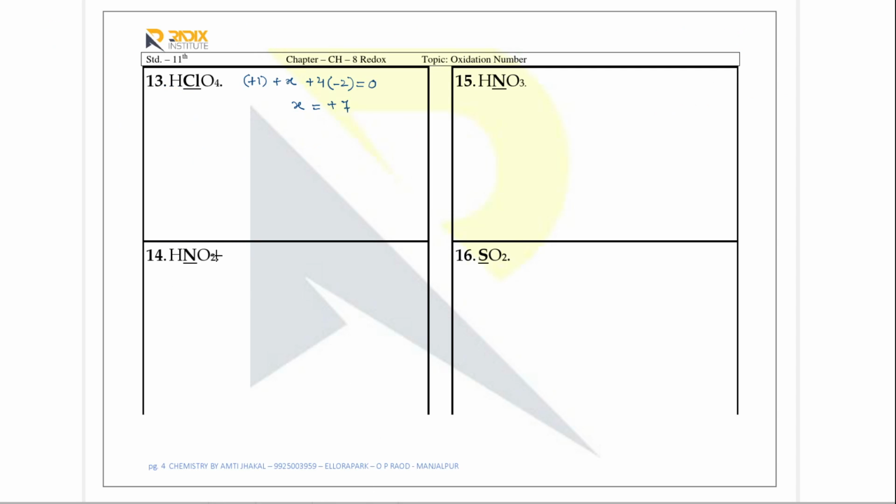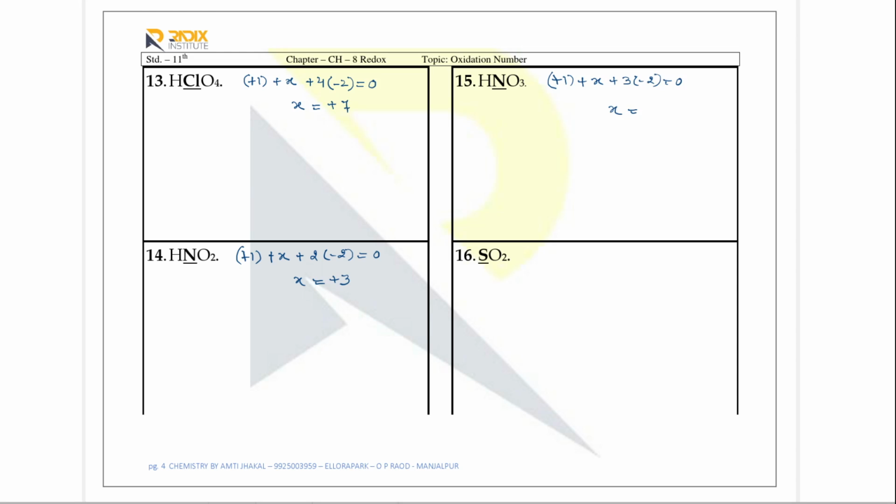Well, again apply the same logic here. We have hydrogen oxidation number +1 with any non-metal, nitrogen oxidation number X, oxygen oxidation state 2 into -2 is equal to 0. So X is equal to +3. And here hydrogen +1, nitrogen oxidation state X, oxygen 3 into -2 is equal to 0.